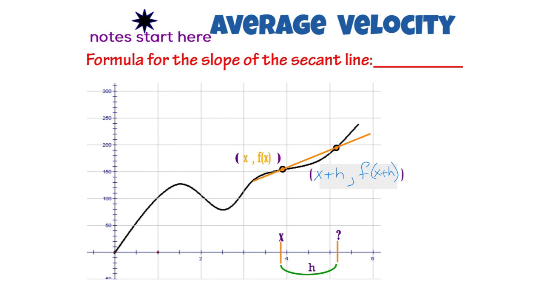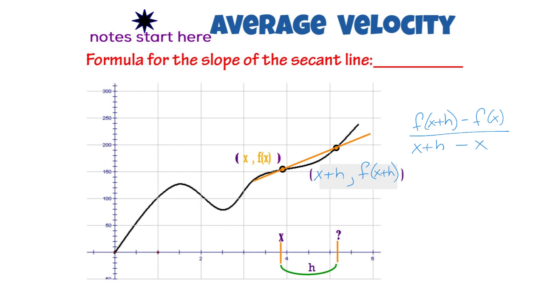Okay, now what I'm going to do is with these two ordered pairs, I'm going to find the slope of the secant line. So just doing my slope formula, I'm going to do y minus y. So that's f of x plus h minus f of x over x minus x. That would be x plus h minus x.